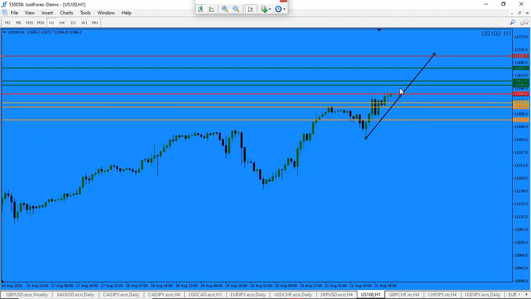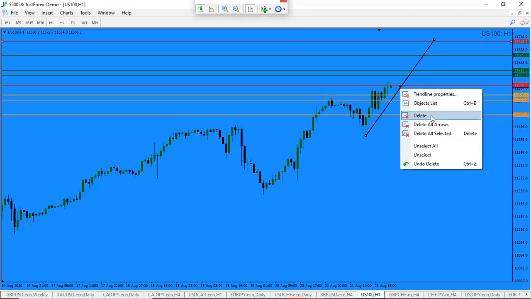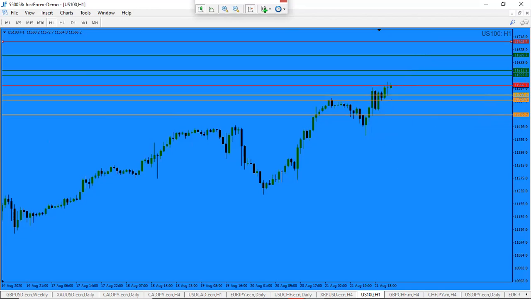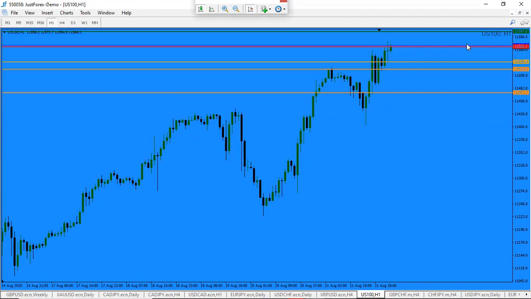Now the other thing is that if you see that the market is trading below 11,566.2, you can also use these targets for your long entry points, especially this one. If it can retrace up to this point, just use this one as a long position entry, because Nasdaq is always going up.